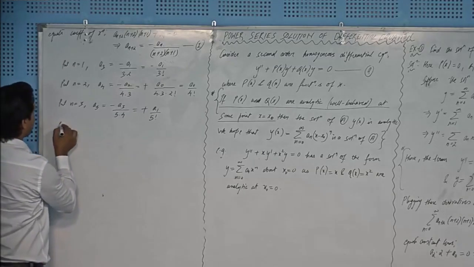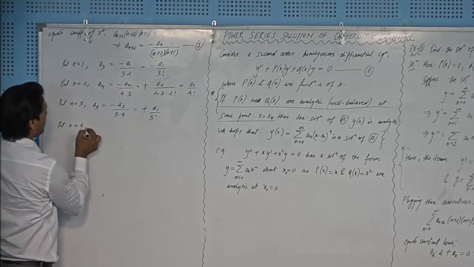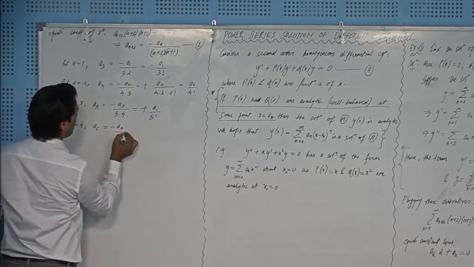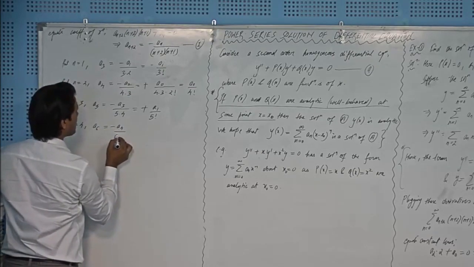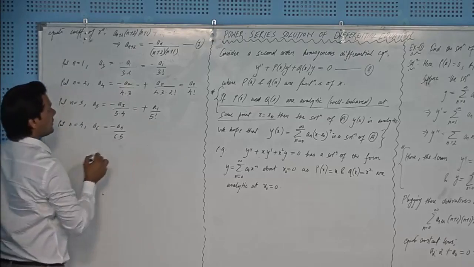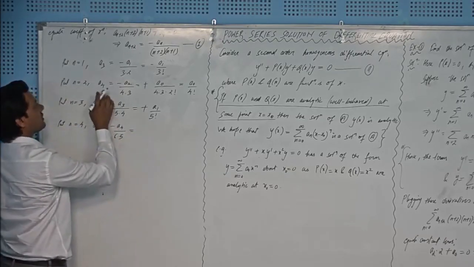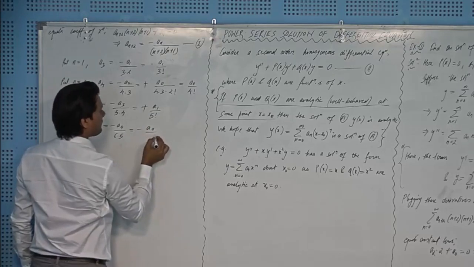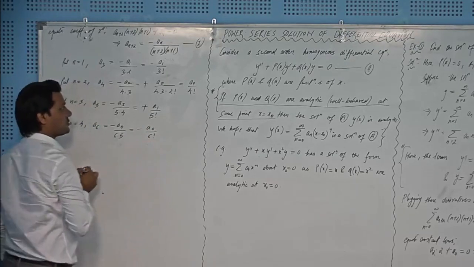And then put n equal to 4, that will become A6 is equal to minus A4 over 6 times 5. And plugging the value of A4 from here, A4 is positive, so that will become negative A0 over 6, 5 into 4 factorial, that will become 6 factorial, right?